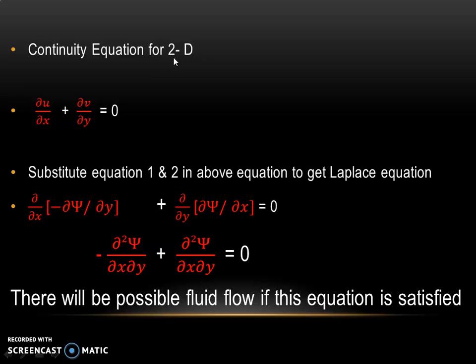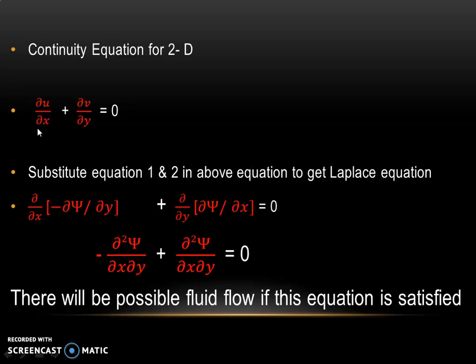Continuity equation for two-dimensional flow, as we know, is dou u by dou x plus dou v by dou y is equal to 0. So when we substitute equations 1 and 2 from the previous slide in this continuity equation, we will get the Laplace equation.